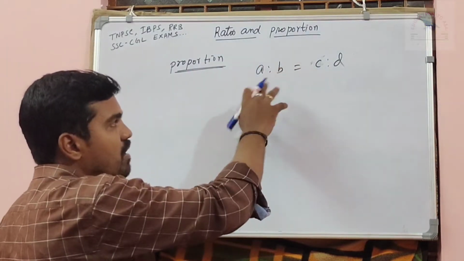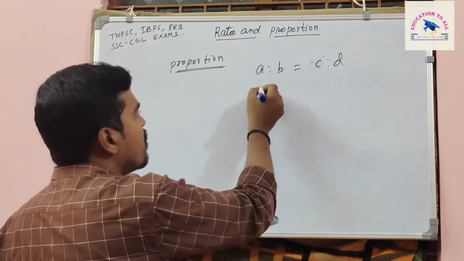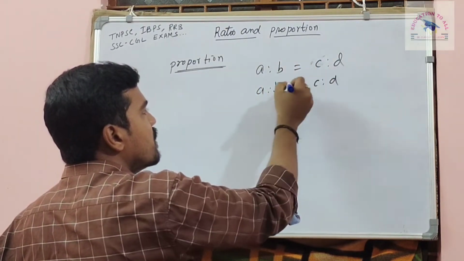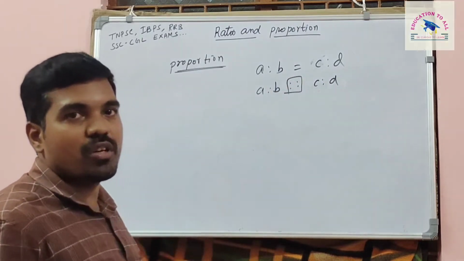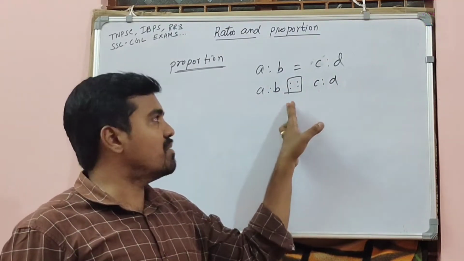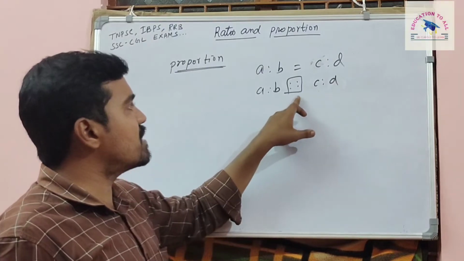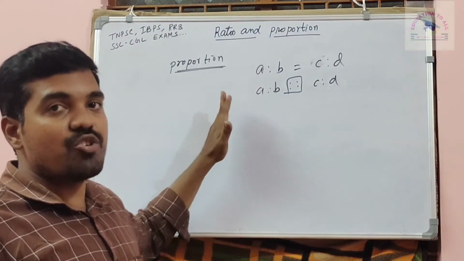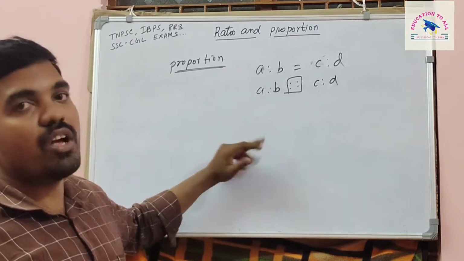We can represent it in another way also: A is to B :: C is to D. This is the symbol to represent proportion, read as 'is as'. A is to B is as C is to D means both ratios are equal, so it is called a proportion.